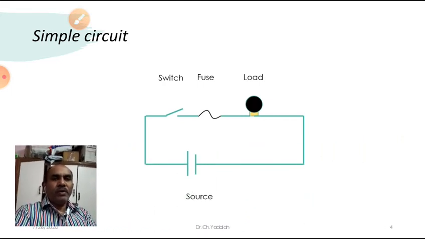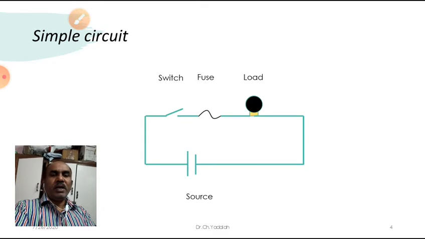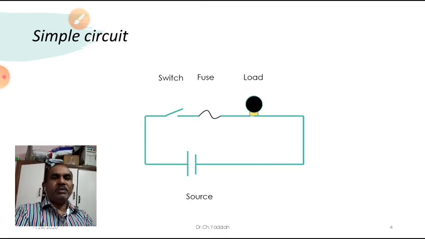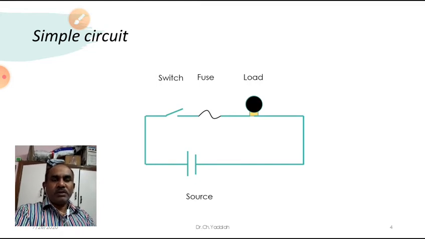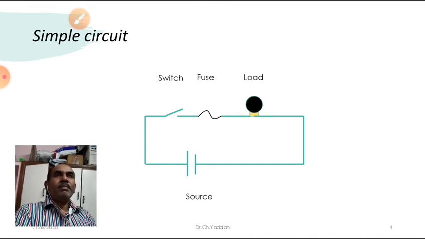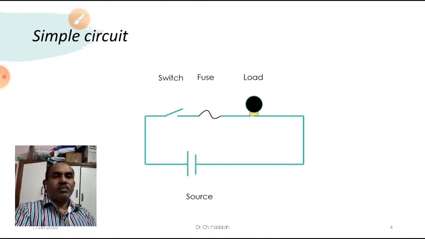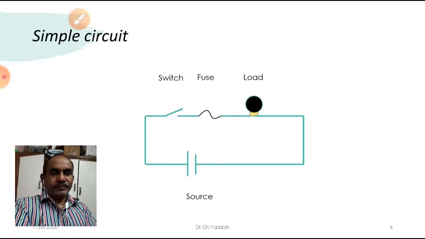Now, before going to our subject, as we know, a simple circuit consists of a source and load. Source is a supply, load is a passive load. To connect source to load, we require some switching equipment as well as protective equipment.